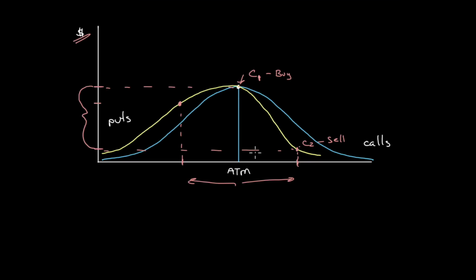But if you went the same number of points in the money, if you were thinking about puts, and you bought this put over here, let's call that P1, we're going to buy this one, and we're going to sell this one over here, P2. Look at the difference. Put spreads are super cheap when you have very elevated skew on the S&P 500.